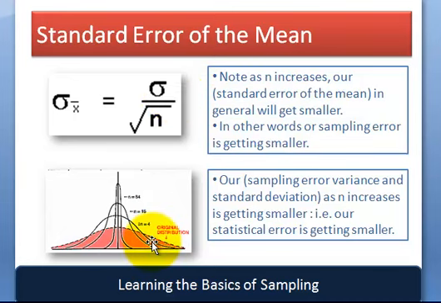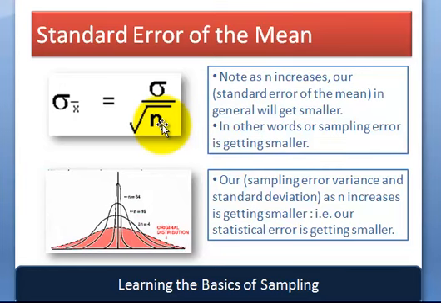The odds that I go out and take a random sample of 64 people and those 64 men have an average height, that sample mean is 6'2", is very, very small. So my standard error of the means is going to shrink, become less and less and less variance as my sample size increases.